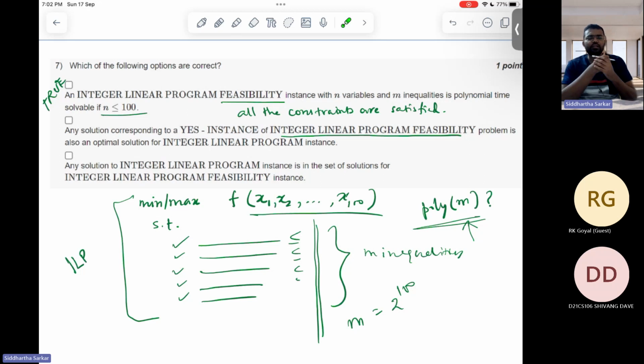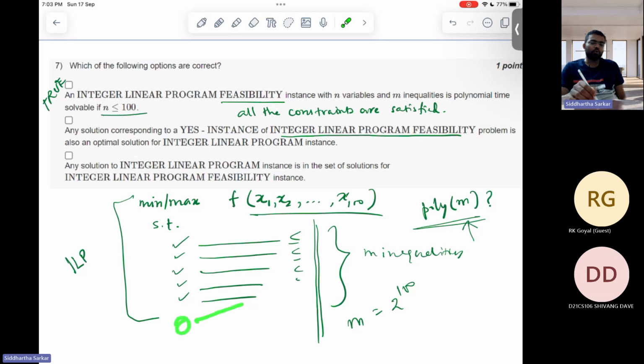Yes, because there are so many different possibilities. For example, consider the vertex cover problem. We want to minimize the number of vertices, and the constraints are on each edge, that for every edge you take at least one of the two endpoints.